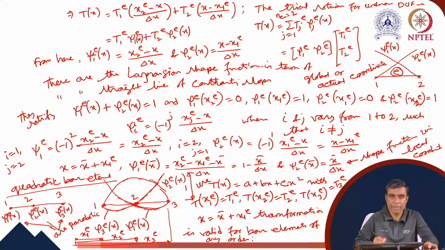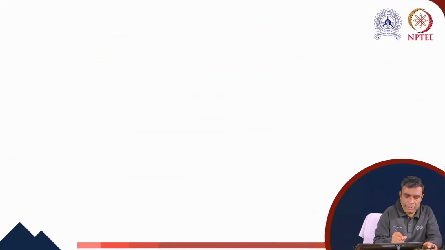It means that even though we have shown it for two-noded bar elements, it can be extended also for three-noded bar elements. If we consider the Lagrangian shape functions for the quadratic elements without derivation, we shall show here psi1e as a function of x, psi2e as a function of x, and psi3e as a function of x.